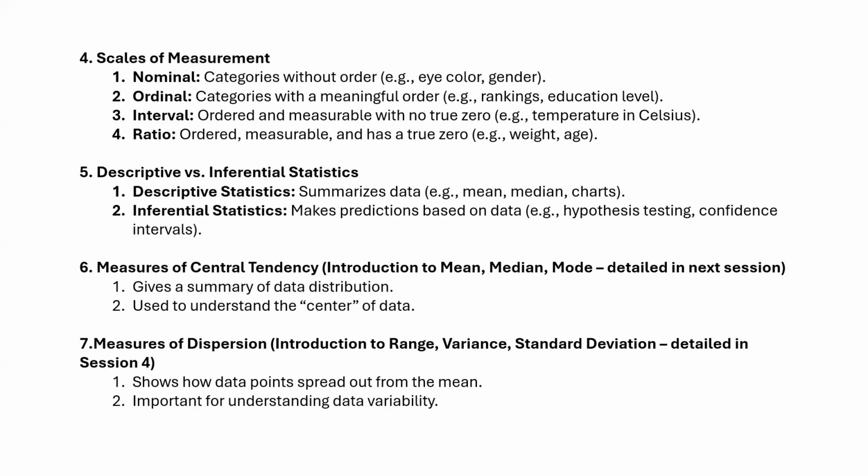Okay, so now let's jump into the numerical section. This one is interesting. You might have some doubt here, so please let me know. Here we talk about interval. I'll give a very brief definition: interval is basically ordered, measurable, but with no true zero. There's a deep meaning in no true zero.